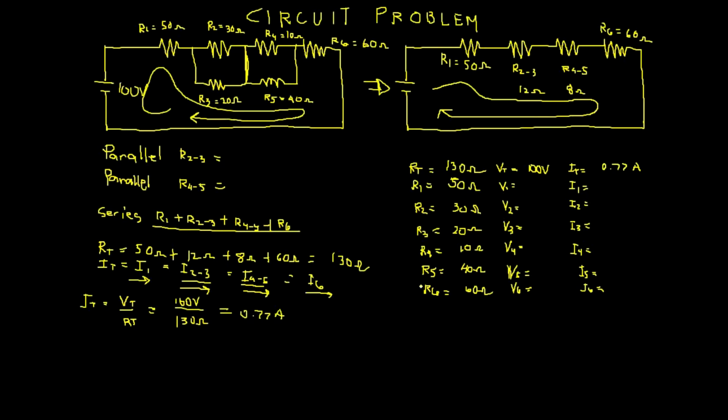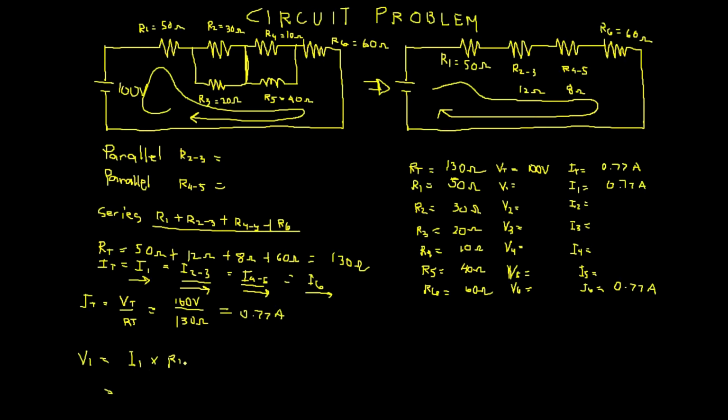So, meron na tayong I1. Ang I1 natin is 0.77 ampere, at ang I6 natin is 0.77 ampere. So, meron na tayong I1, meron na tayong R1, so makukompute na natin yung voltage 1. Ang voltage is I1 times R1.